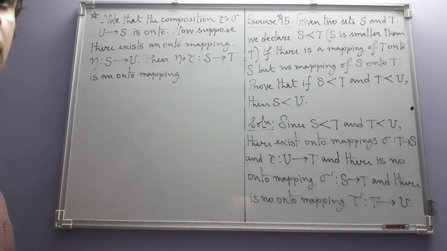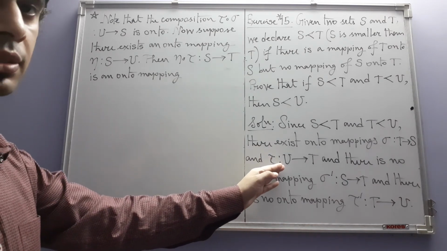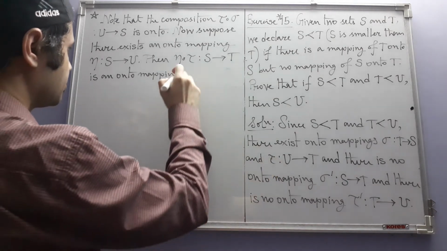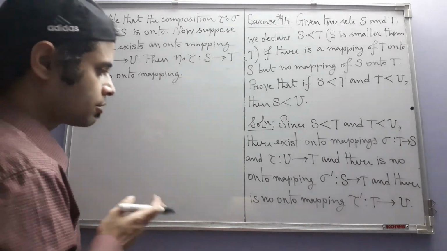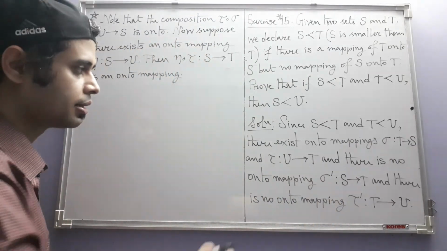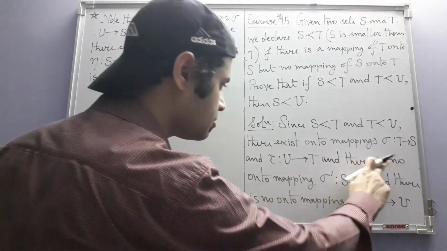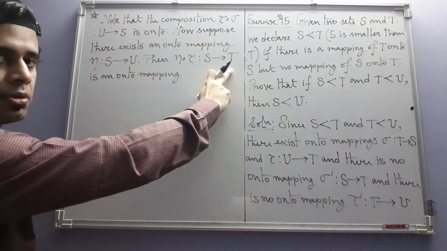Eta is onto by our supposition, tau is onto, that is the hypothesis, it's given. But this contradicts the thing with which we started, what is given to us, that there is no onto mapping from S to T, but here we have found an onto mapping from S to T.